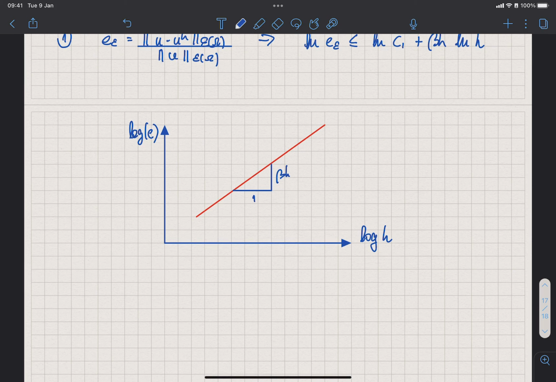Well, you can say that since h is approximately equal to 1 over the number of degrees of freedom to the power of 1 divided by d, where d is the dimensionality of the problem. This is for regular meshes. Only for uniform meshes could you claim this is true.